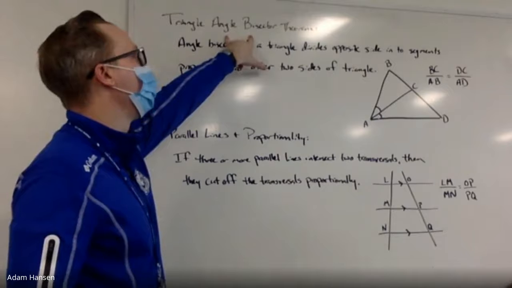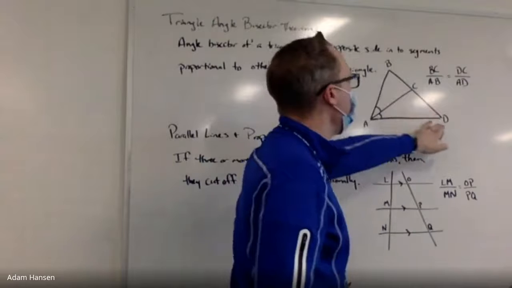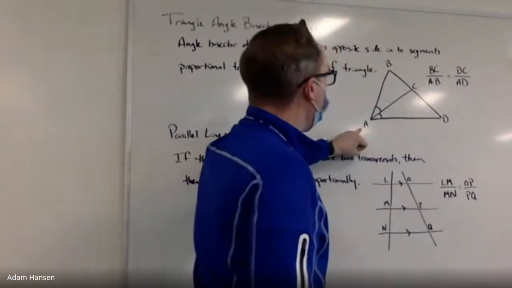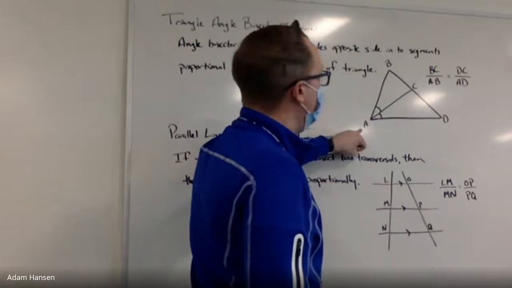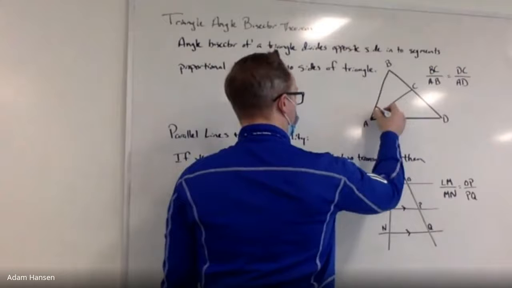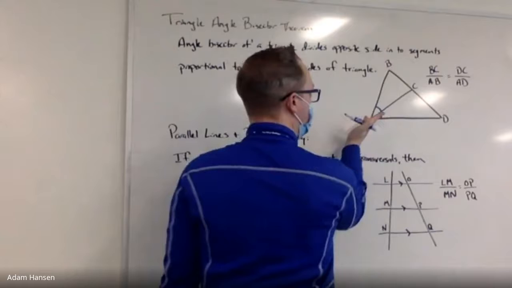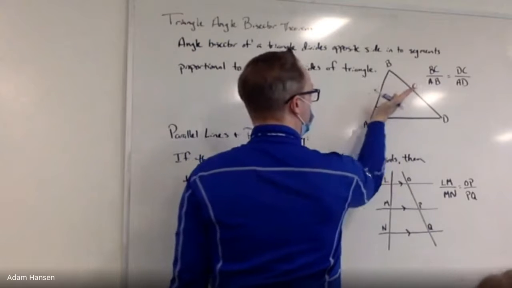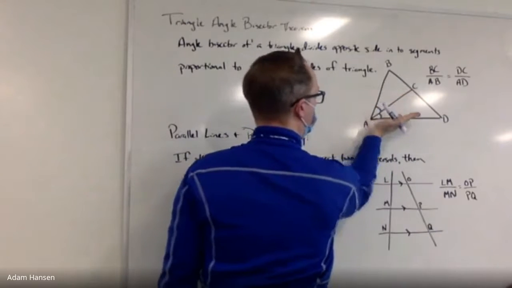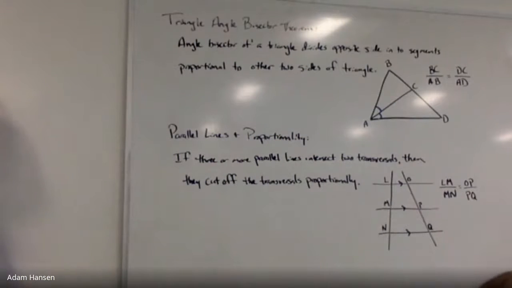So in this triangle, triangle ABD, the entire figure, angle A is being bisected. It's cut into two pieces, the top half and the bottom half. I'm slicing angle A with segment AC, and it cuts it into two parts. Since it's being bisected, each of those two parts are equal. Bisect means to cut into two equal halves.